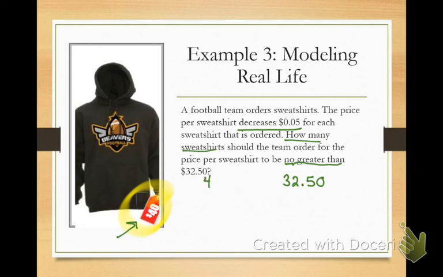So 40. Would it be plus 0.05 or minus 0.05? Minus 0.05. I'm going to use S for sweatshirts. Okay? Now the only thing left is the symbol that goes in between. All right? So does that amount need to be less than or greater than?